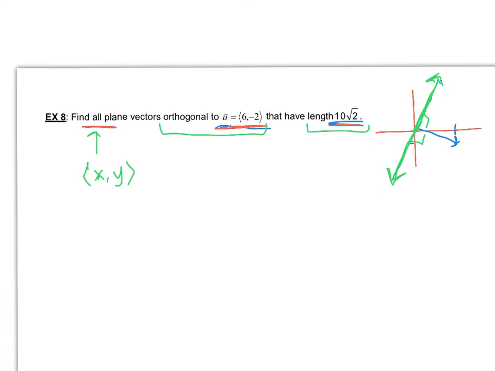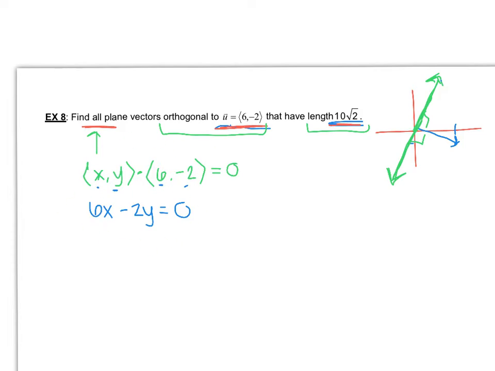If that's true, then whatever that vector is, when it's orthogonal, that means their dot product has to equal 0. So this fact alone gives us this equation. The dot product would be 6 times x plus y times negative 2, so negative 2y equals 0. So right away we have this linear relationship between x and y if it's going to be orthogonal to 6, negative 2. So this is our first equation.